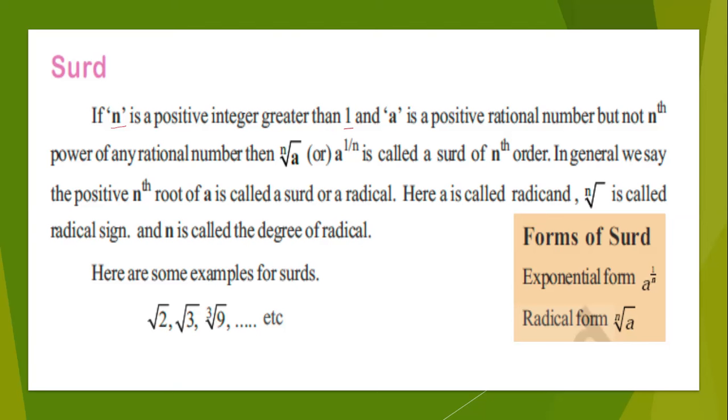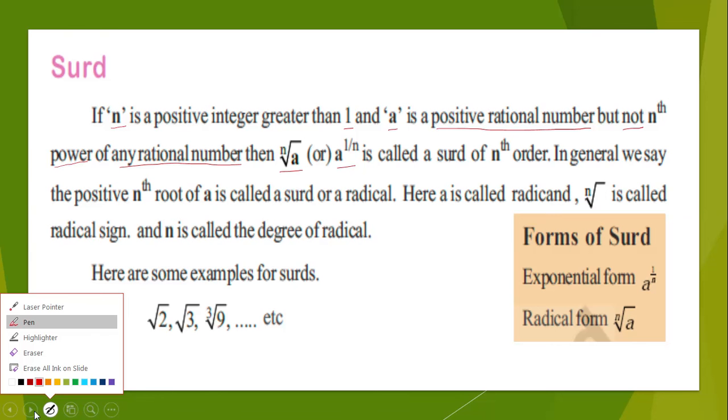Here n is a positive integer greater than 1 and a is a positive rational number but not the nth power of any rational number. Then the nth root of a, or a to the power of 1 by n, is called a surd.